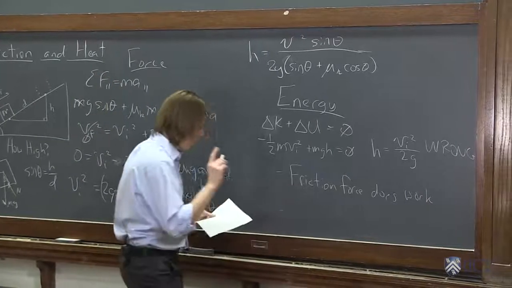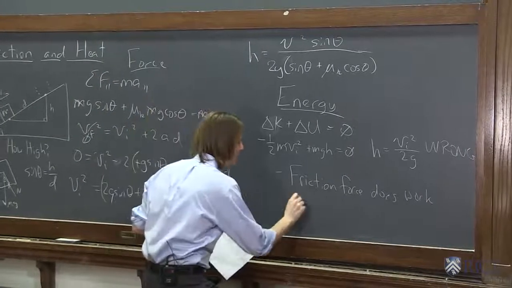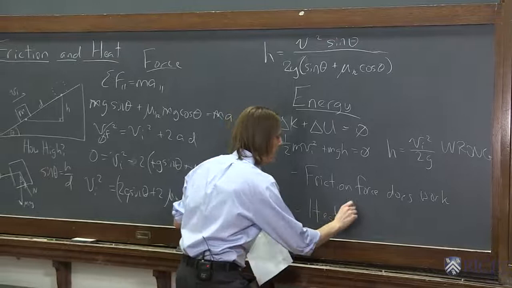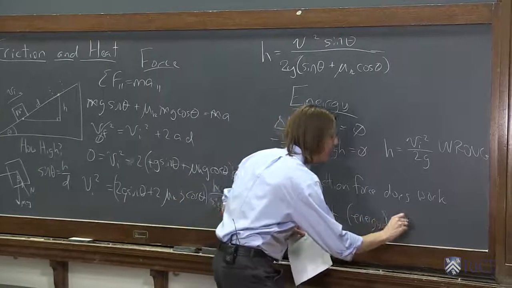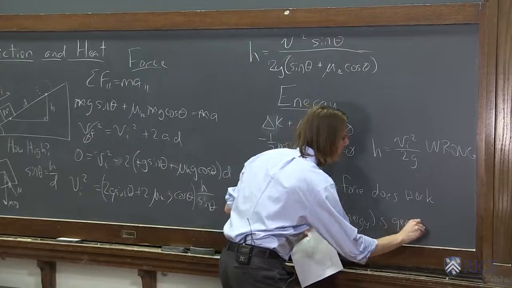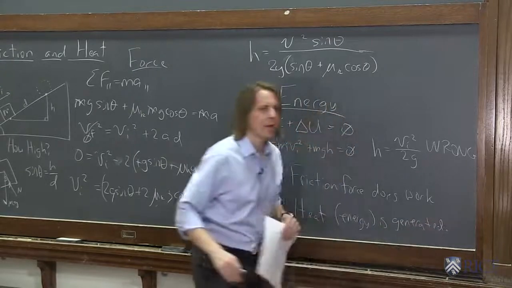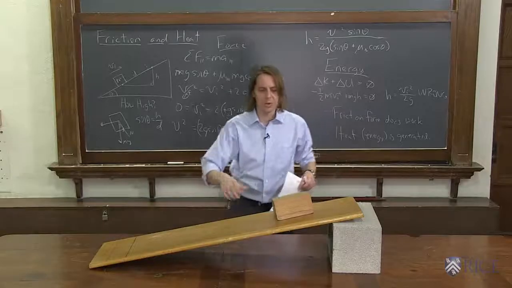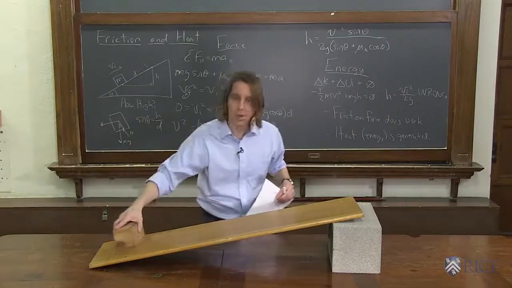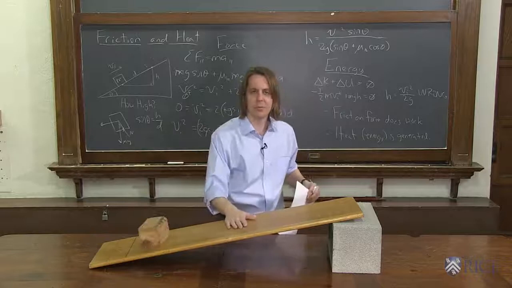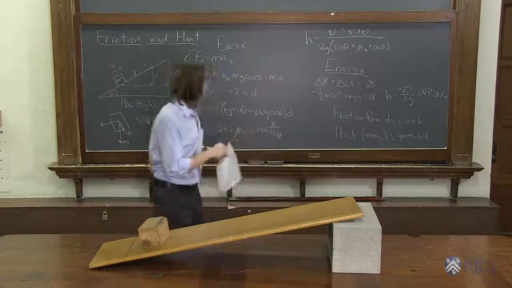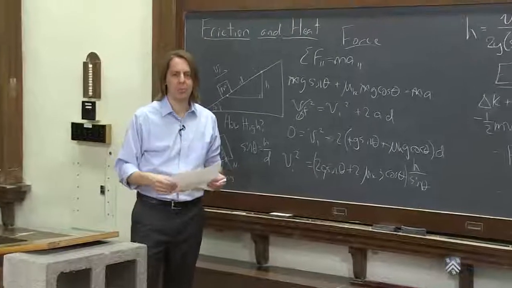Another way to think of it is that heat, which is a form of energy, is generated. Since energy is conserved, that has to come from somewhere. If I slide the block up and down the ramp enough times, we know we'll generate some heat. Next board, we're going to think about these two and how to solve this properly with energy.